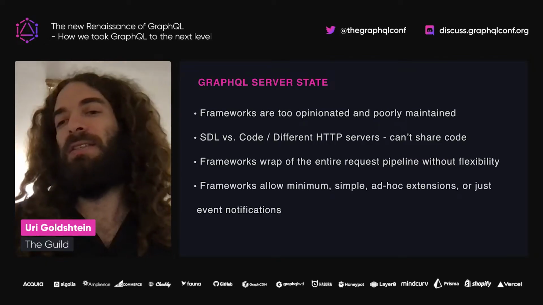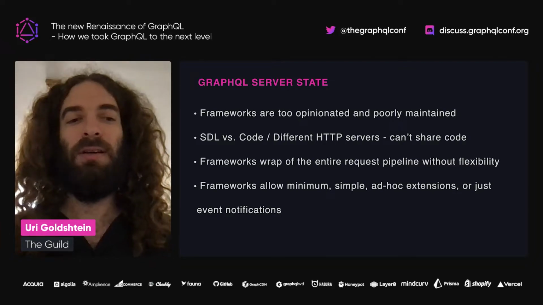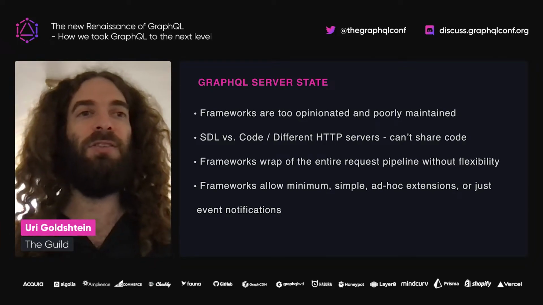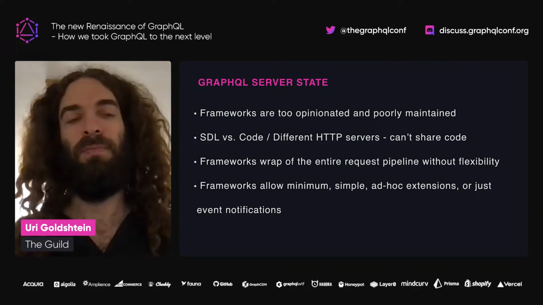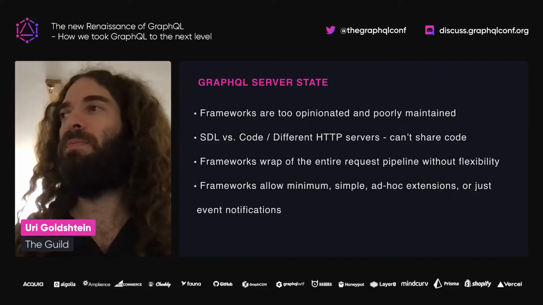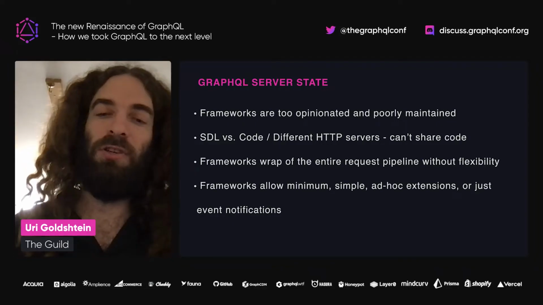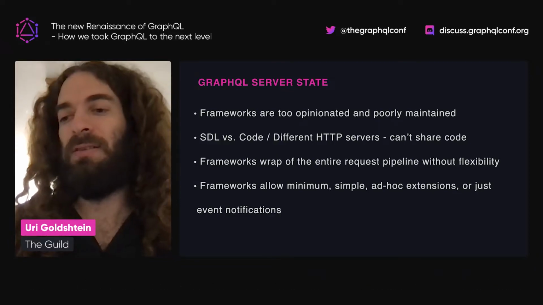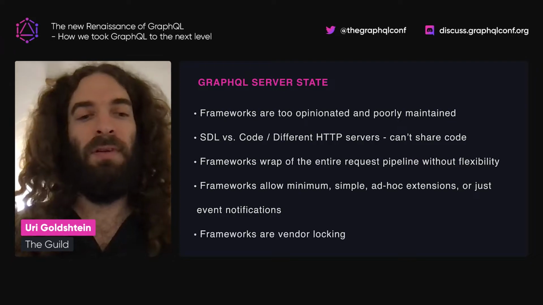Even if some frameworks give me extensions and some kind of event notifications, I can't really dive deep and change the behavior. And for those of us who maintain servers in production with more advanced handling, this is not enough.